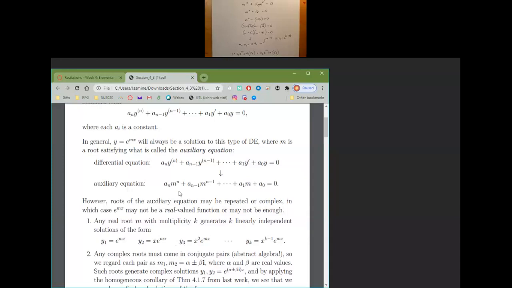In this case, technically, there is one very easy way to turn complex solutions of this type into real solutions. And so we give you the explicit 1/2 times y1 plus 1/2 times y2 gives you a cosine thing, and 1/2i y1 minus 1/2i y2 gives you a sine thing.